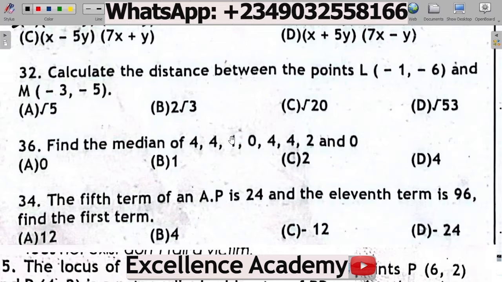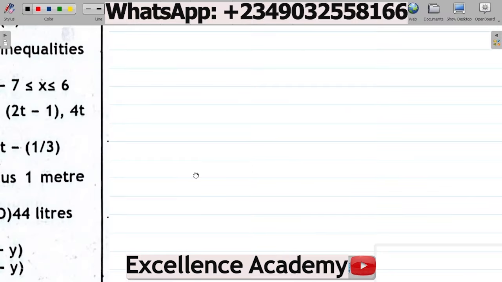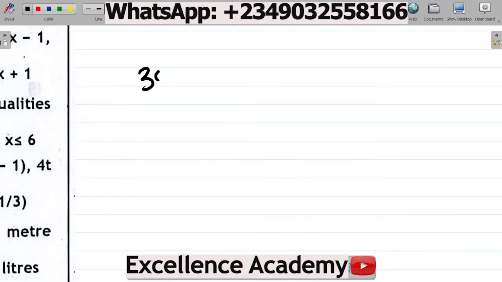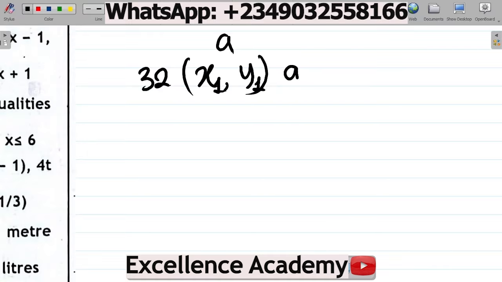Now, to get the distance between 2 points for question 32, let's say we have a first point, point A, where you have x1, y1, and point B, which is x2, y2.